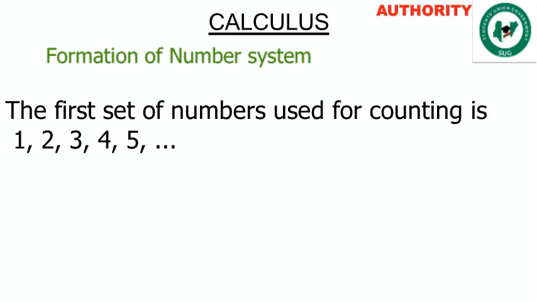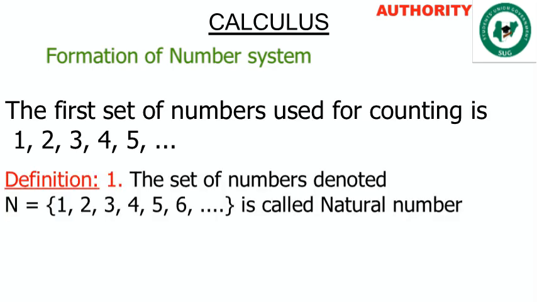These numbers are called natural numbers. Then the natural numbers continue, that is from 1, 2, 3, 4 upwards. Now, the definition of natural number is this.